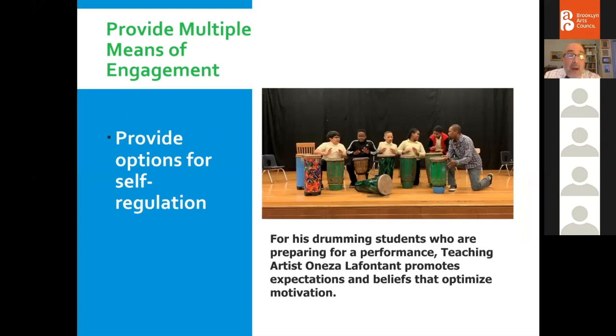And next, the last guideline for multiple means of engagement is options for self-regulation. This is helping the students have some sense of control for themselves in a situation, and it can include expectations, coping skills and strategies, as well as self-assessment and reflection. The image I chose to reflect this is from a group of drumming students before they would be performing.